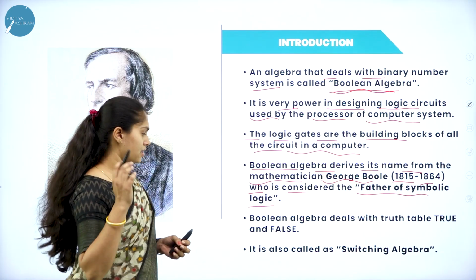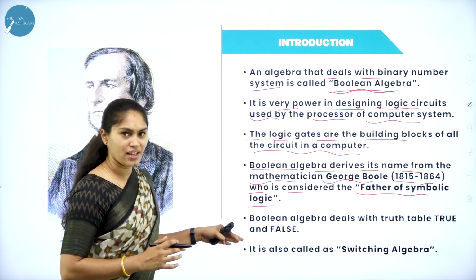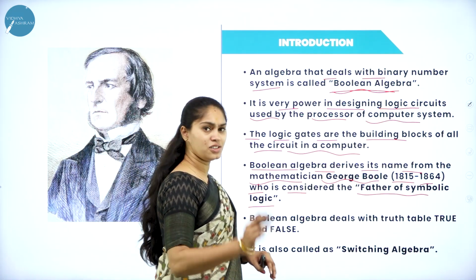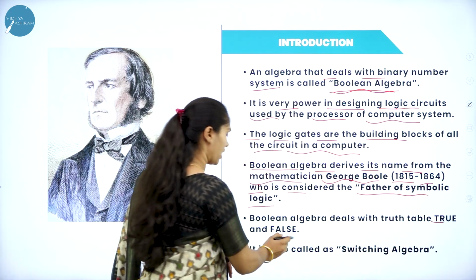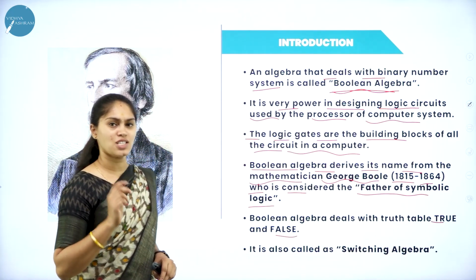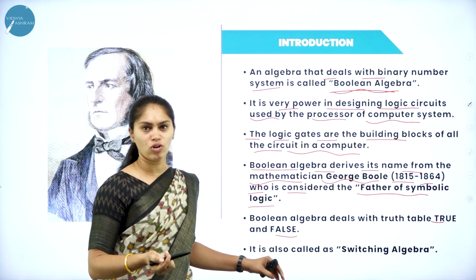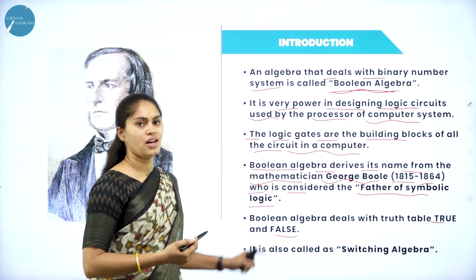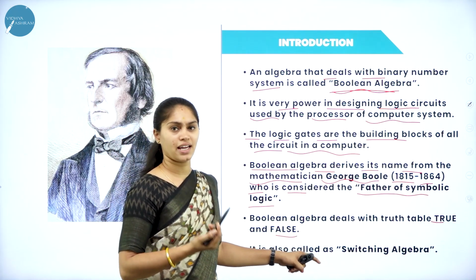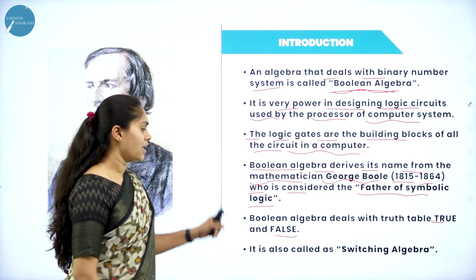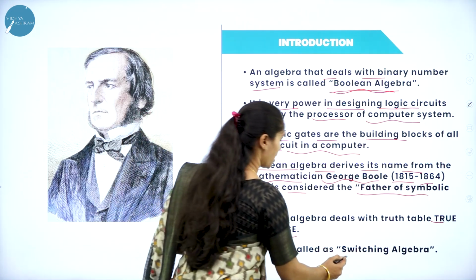Boolean algebra. And dear students, remember that Boolean algebra deals with two values, true and false. If I say true, that is 1. If I say false, that is 0. If it is false, that will be a low signal or low circuit value, and if it is true, that will be a high signal value of one. So it is also considered a switching algebra.